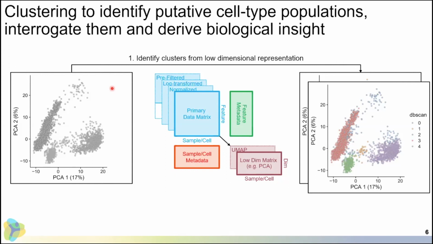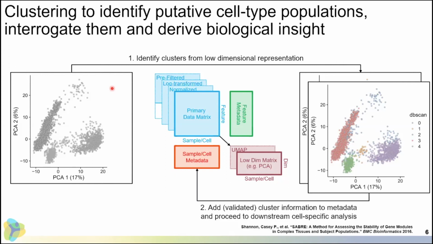But I think it's important to remember that whichever method you apply and whatever clustering you obtain, it's still only a hypothesis about the identity of the cells within that cluster. And so it's important to think about validating that cluster assignment. You can do that a number of ways, sort of calling back to what Virginia was talking about when she discussed cross-validation. You can do this in a data-driven way by doing some bootstrapping or cross-validation.